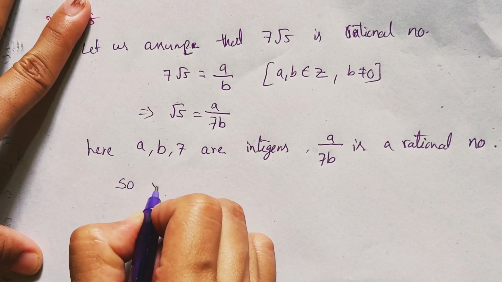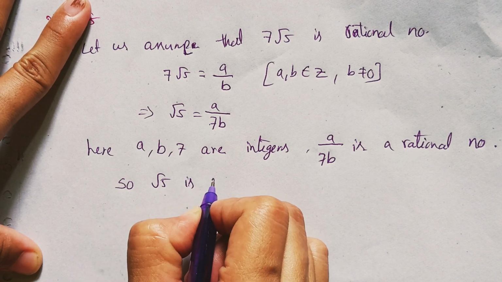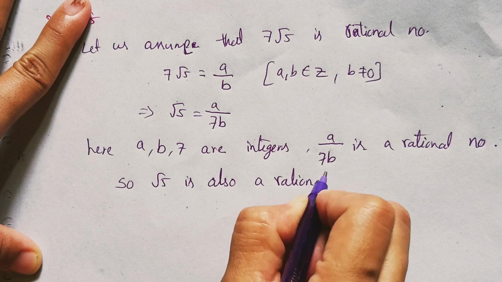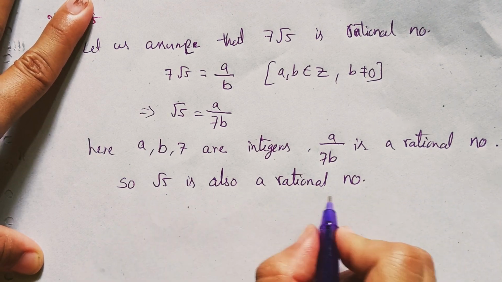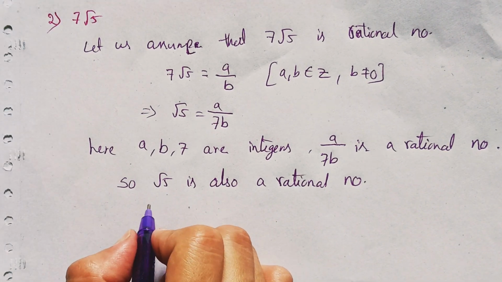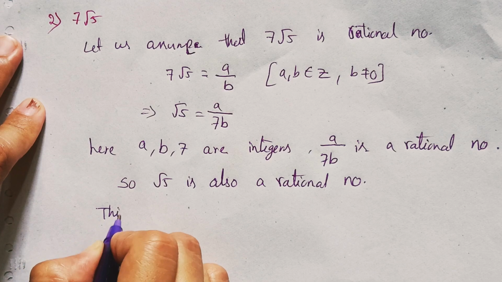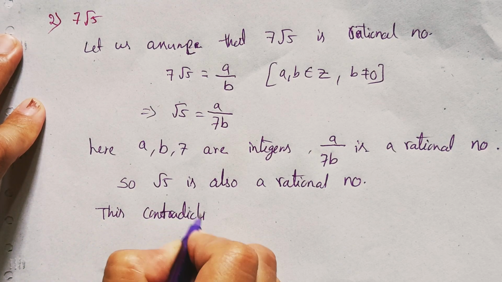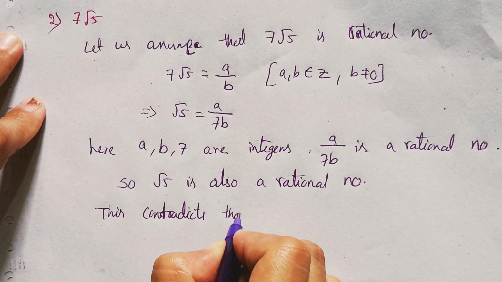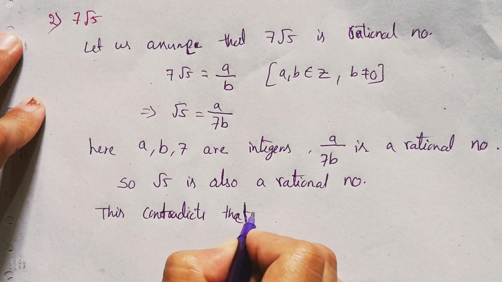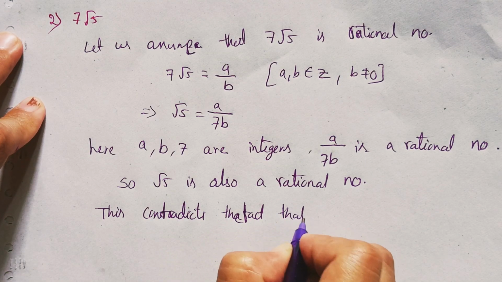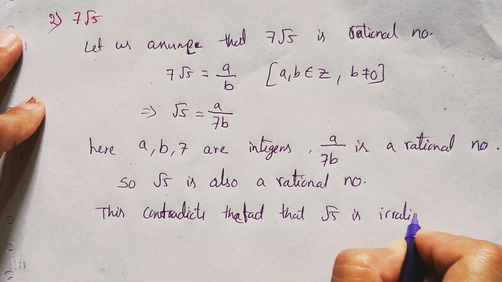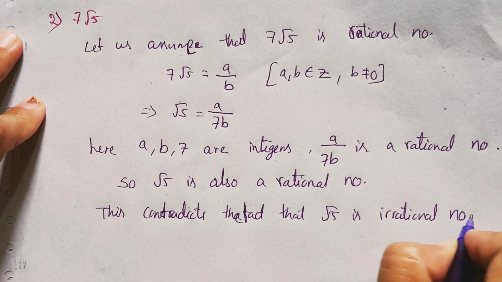So root 5 is also a rational number, but this is false. So this contradicts the fact that root 5 is an irrational number.